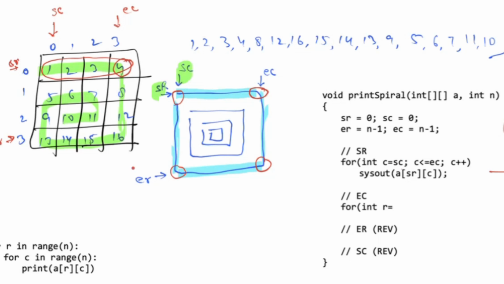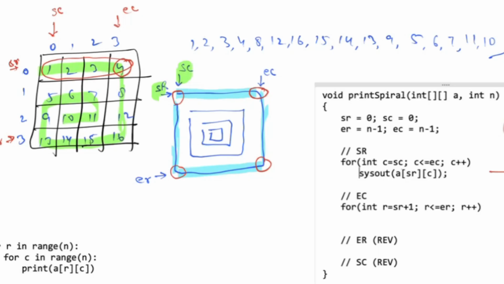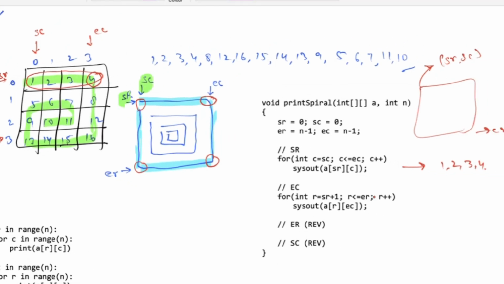So can I say that we can go from starting row plus 1, because the starting row is already printed, while row is less than or equal to end row, and row plus plus. Does it make sense? Yes, sir. And we should print A of row, end column. So this will print 8, 12, and 16, right?